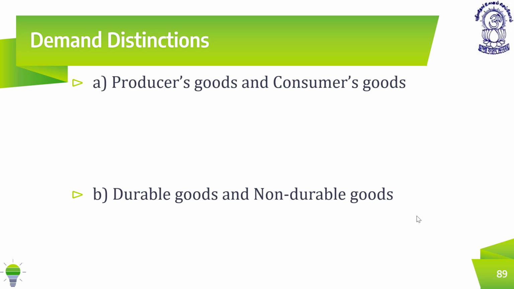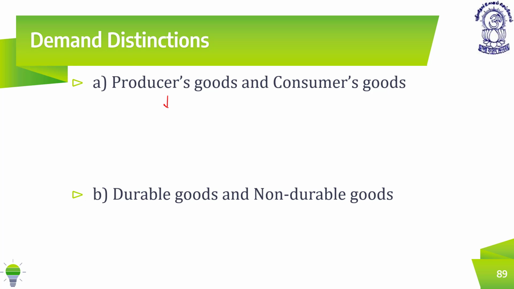The next topic is demand distinctions. The first is producer goods and consumer goods.